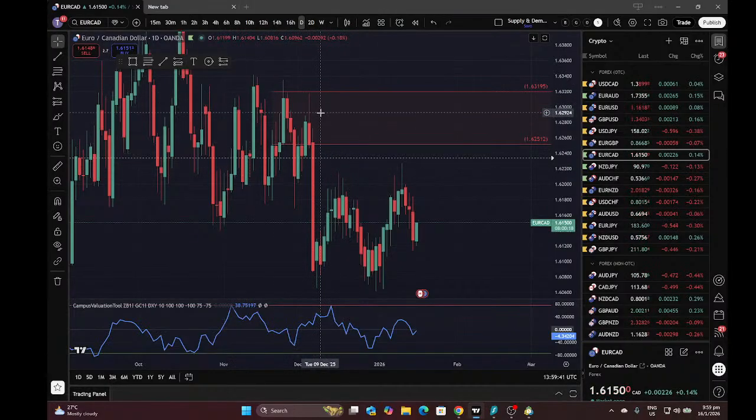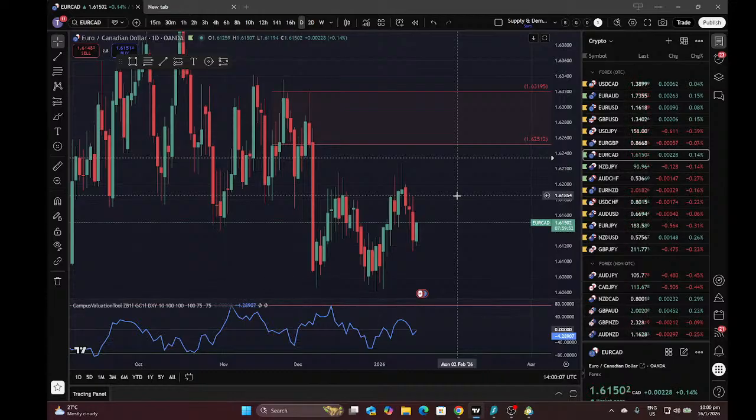And as far as I see, it is a fresh zone here. Not exactly fresh, I mean, there is already a previous supply zone here. Nonetheless, this looks stronger. It's still a potential supply zone.